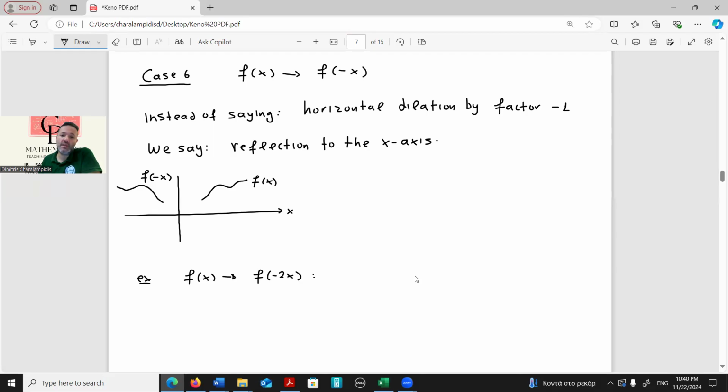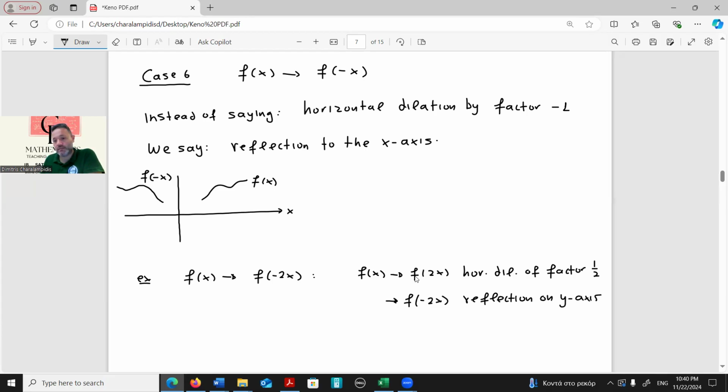So we see from f of x to f of 2x, which is a horizontal dilation of factor 1/2, which is then followed by a reflection on the y-axis.